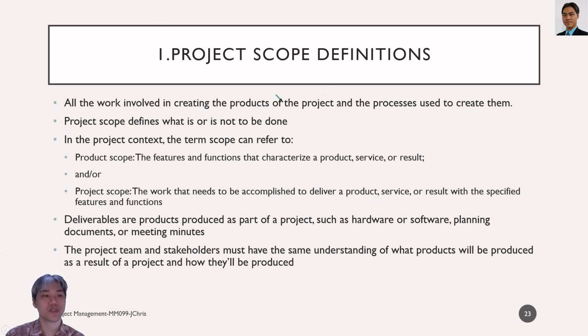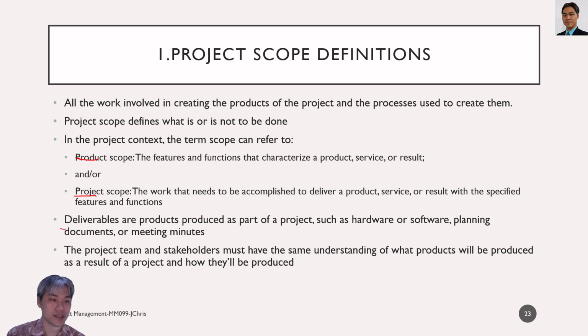The project scope definition: all the work involved in creating the product of the project and the process used to create them. Project scope defines what is or what is not to be done. The term scope can refer to the product and or the project.